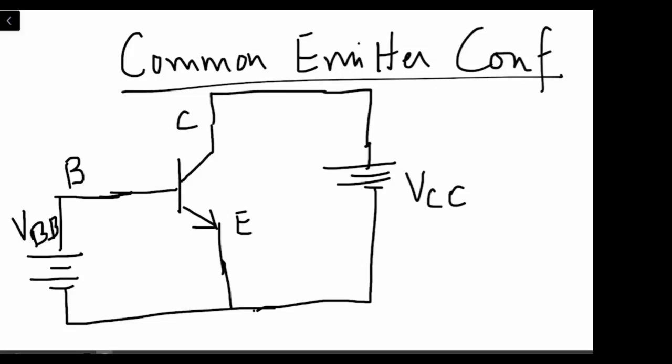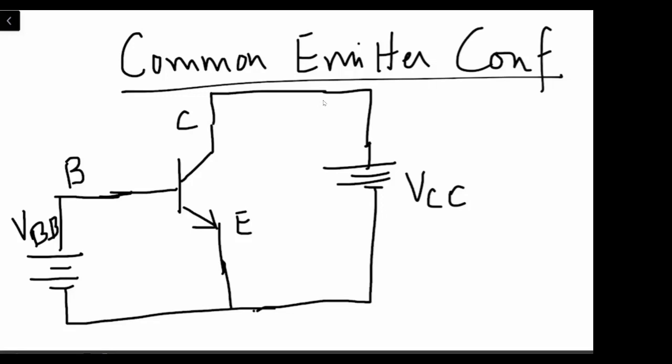Yes, sir. Okay. So we have this common emitter configuration, and in this we have two DC sources. One is for the biasing of the base emitter junction, and the other one is for the biasing of the collector base junction, that eventually will make the collector base junction reverse biased, right?